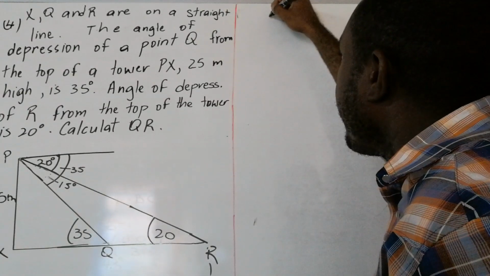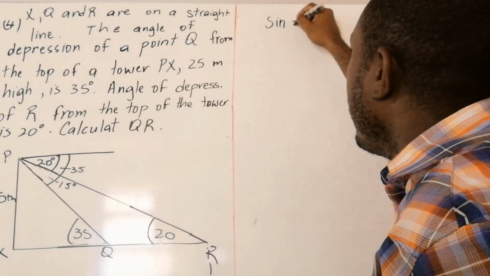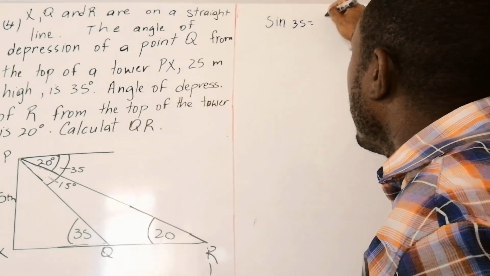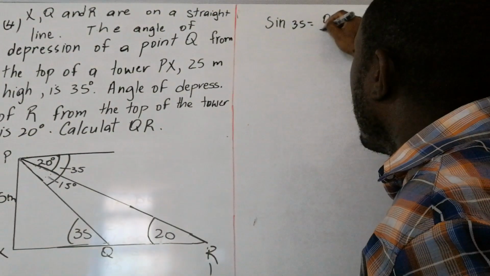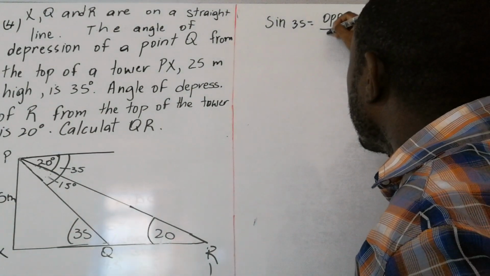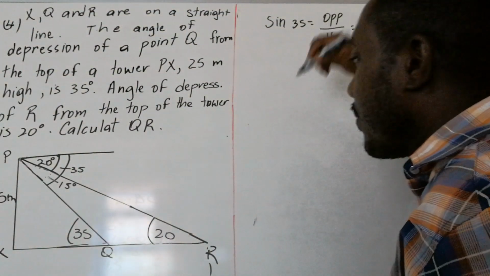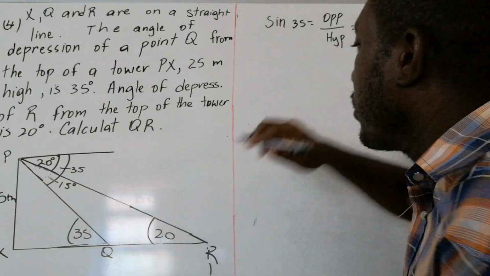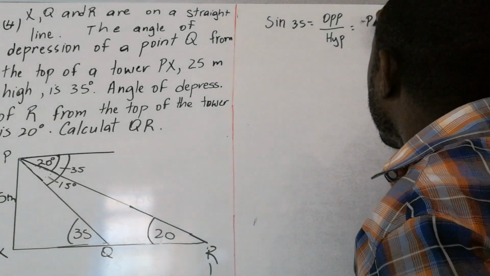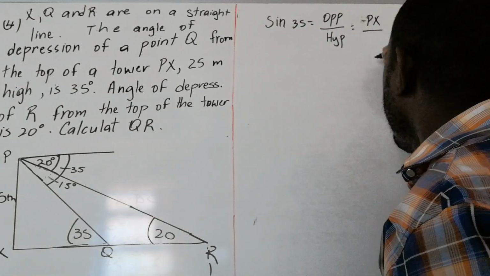So sine 35 is equal to the opposite over the hypotenuse. The opposite of the angle 35 is PX, and the hypotenuse that we need is PQ.